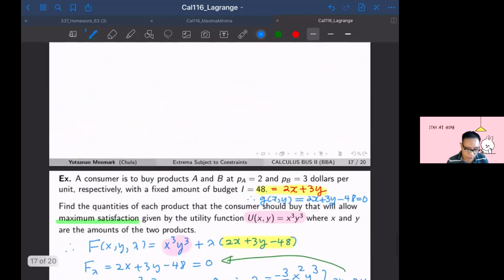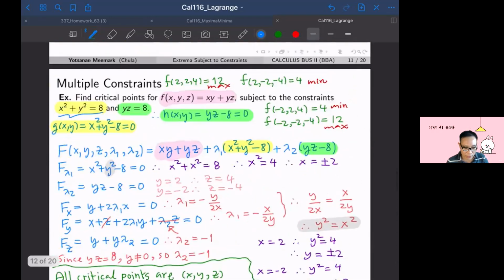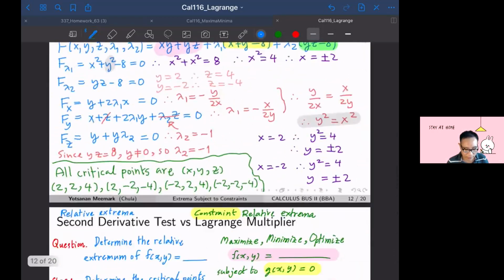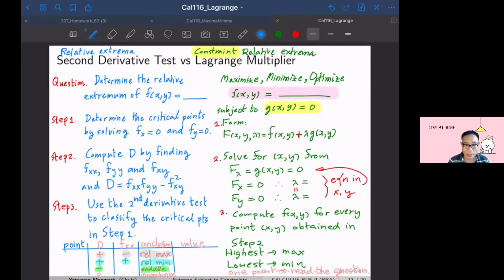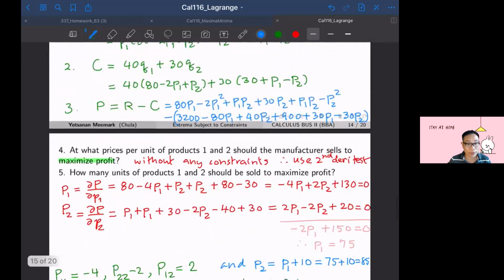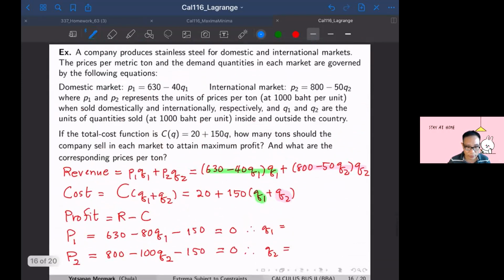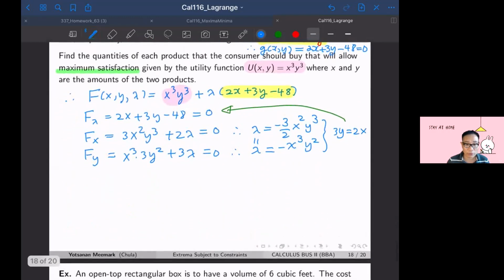Let's conclude a little bit for this clip. I talked about the difference between the second derivative test and the Lagrange multiplier, and what kind of problems you can have. Then I gave you several examples that ask you to use the second derivative test, or some questions that ask you to use the Lagrange multiplier.